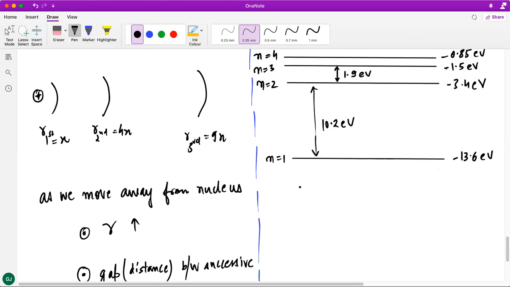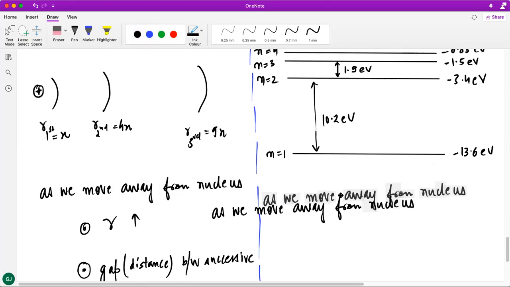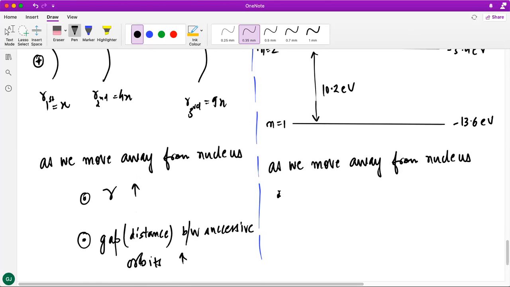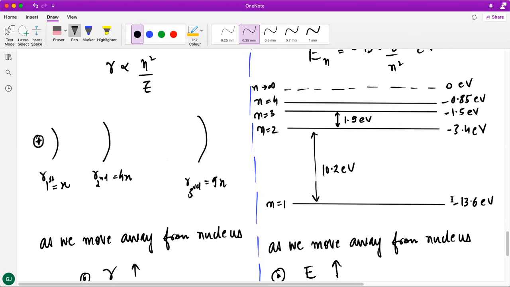So what you can conclude from here is, on the same lines, as we move away from the nucleus, what is happening with the energy levels? Energy levels increase. Like this is increasing with sign सोचना है. Minus 13.6 is lower energy. Okay, minus 3.4 is higher energy. Okay, please think of it in terms of sign.